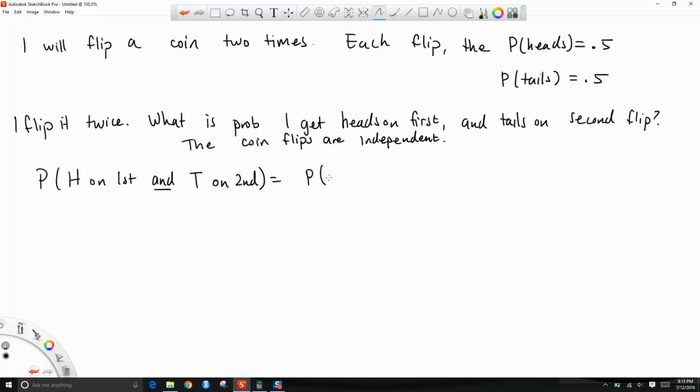This is going to become probability of heads on the first times probability of tails on the second. What's the probability I get heads on the first flip? 0.5. What's the probability I get tails on the second flip? Also 0.5. So what's the probability I get heads on the first and tails on the second? It's going to be 0.5 times 0.5. I have a total probability of 0.25.